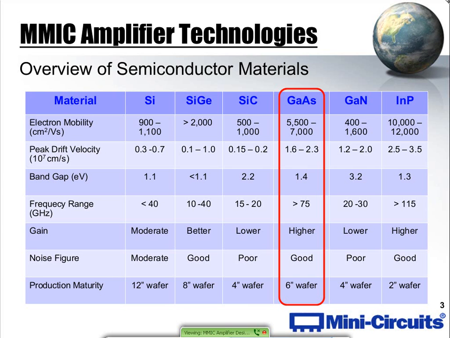But the substrate has some very nice features. Okay, so it works well at high frequencies. The noise figures are pretty good that you can achieve from silicon germanium. But one of the real big benefits is that you can make extremely low current consumption devices.